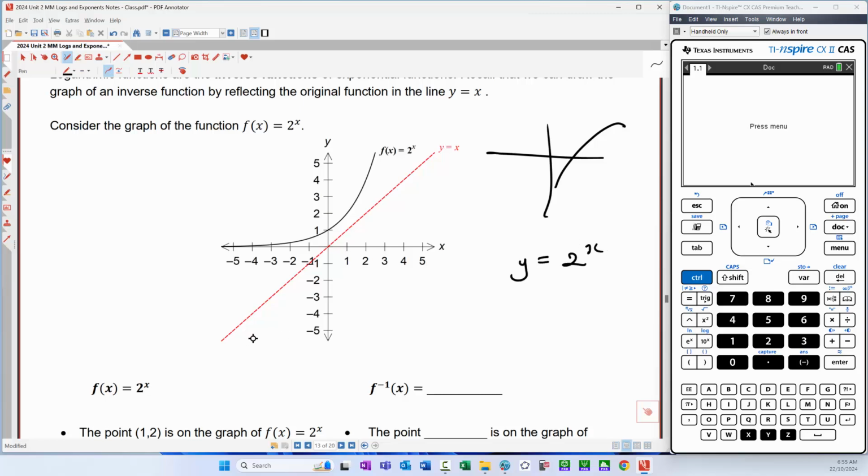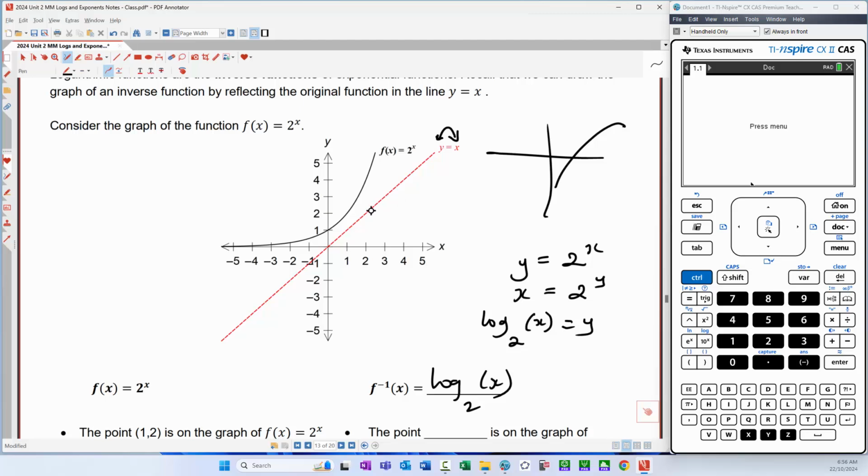Now remember, to invert a function, what we're doing is reflecting along the line y equals x, and the reason for that is that we swap the x and the y values. So x equals 2 to the y. Now my question is, can we rewrite this in such a way that y is the subject? And we certainly can, it's the logarithm. So y equals log base 2 of x. So f negative 1 of x is equal to log base 2 of x.